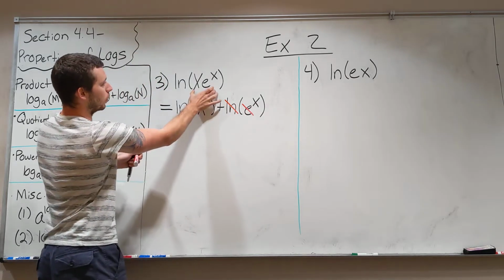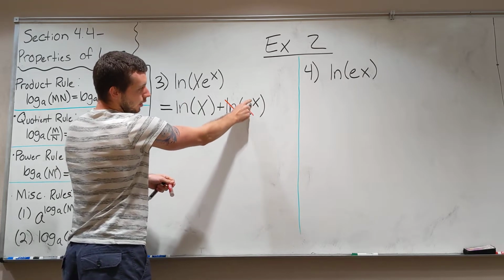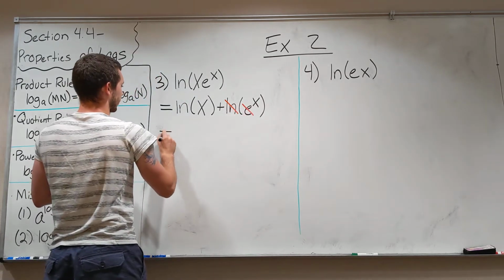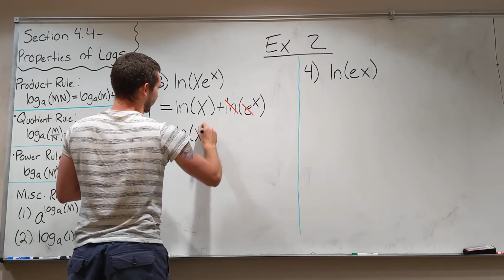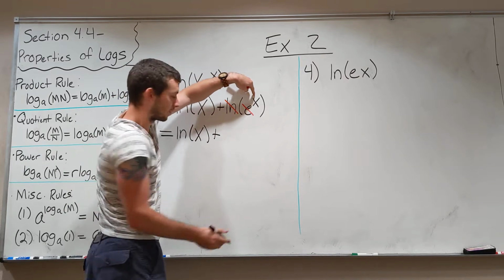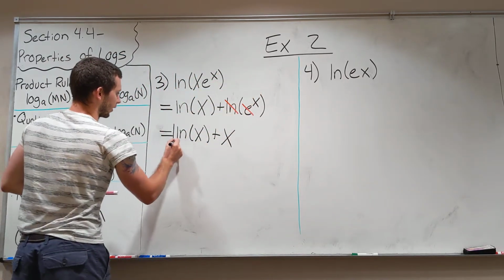We couldn't do that before because the x was getting in the way, but there's no x to get in the way, and that exponent is part of this e term. So now this simplifies as ln of x plus the exponent, which just simply drops down, just like that. And this would be our answer for 3.